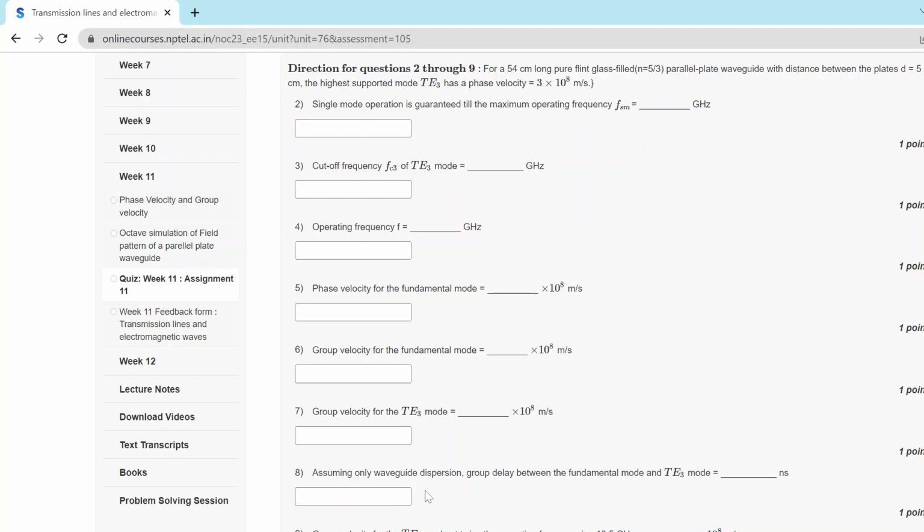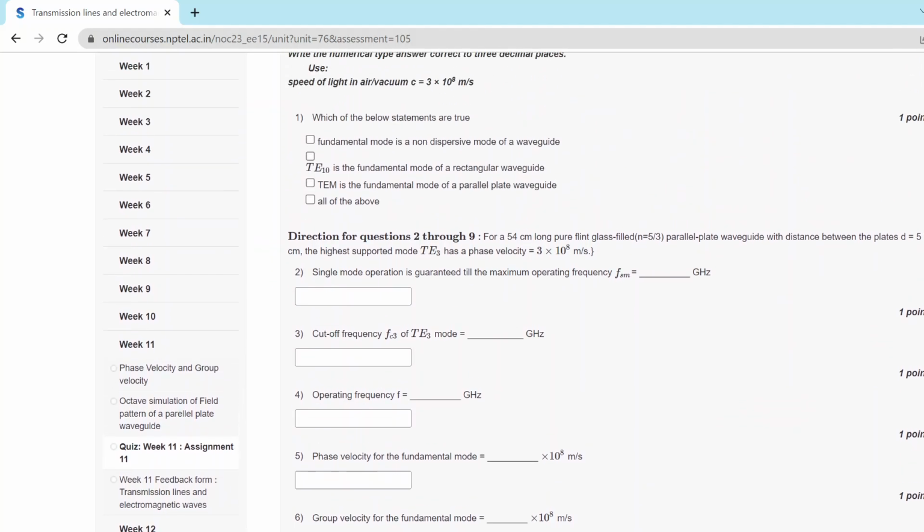Once you know the Vg for fundamental mode and you find out the Vg for TE3 mode, for a given length of the waveguide, you see the length of the waveguide is 54 centimeter. For that given length, you can always calculate the time delay. So use the basic expression. What is time delay?